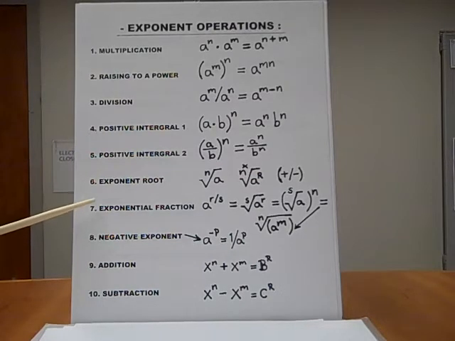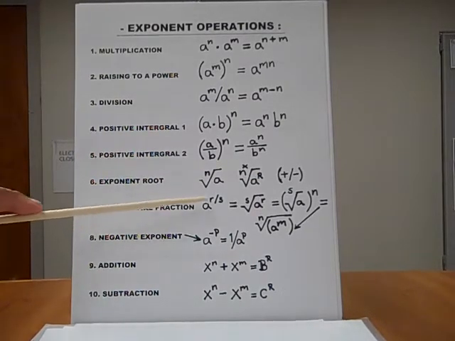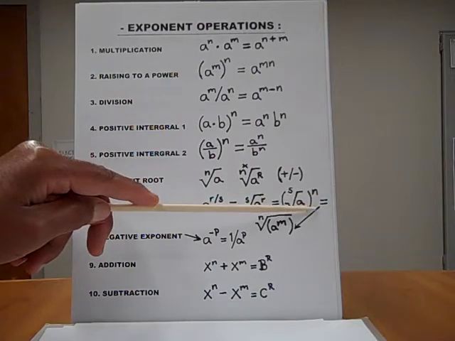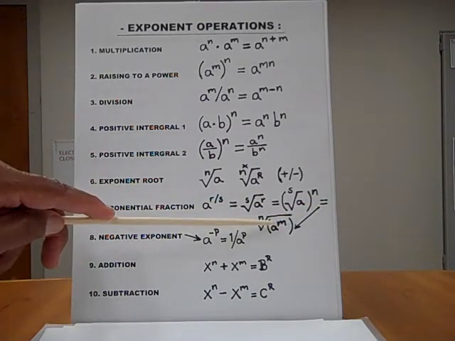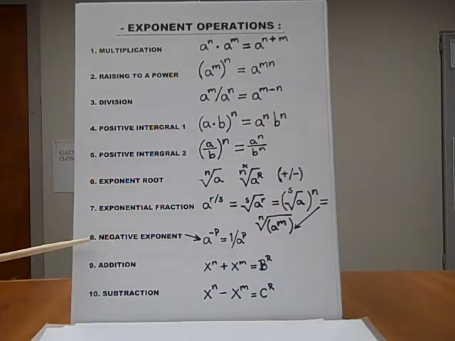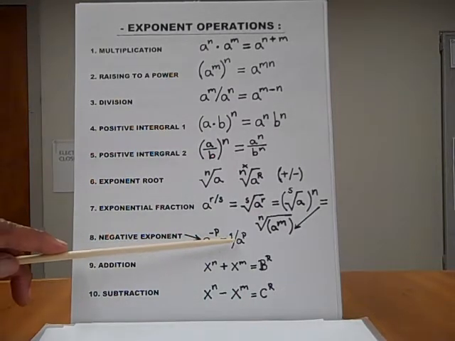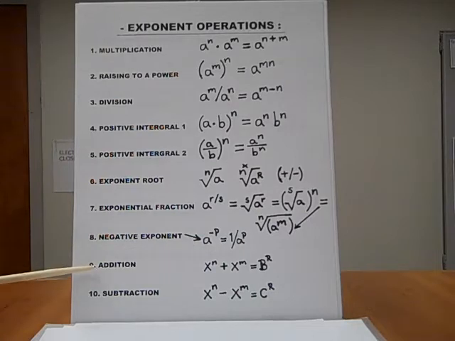Number 7, exponential fraction, use this formula along with this part where the arrow is pointing. Now 8, negative exponent, use where the arrow is pointing to this short formula here. 9, addition, use this formula. Subtraction, 10, use that formula.